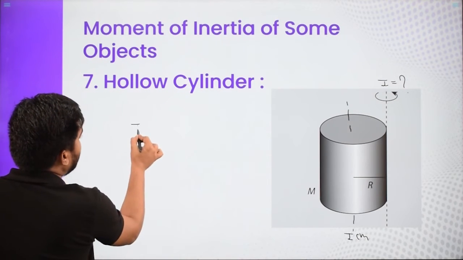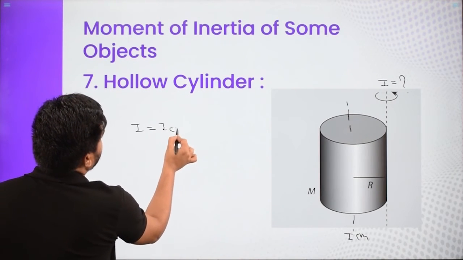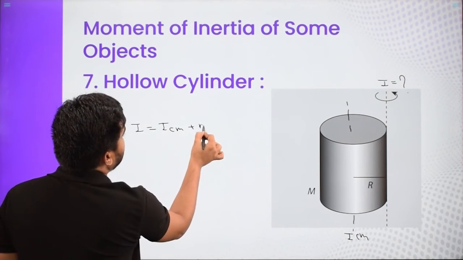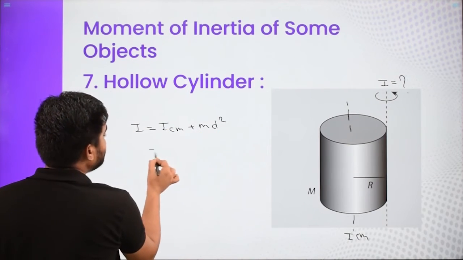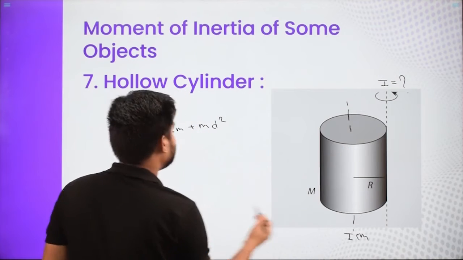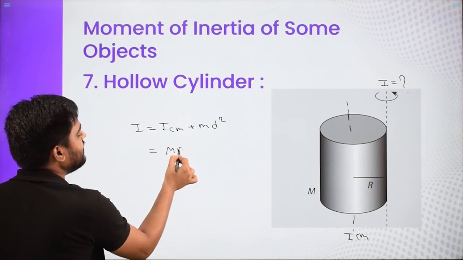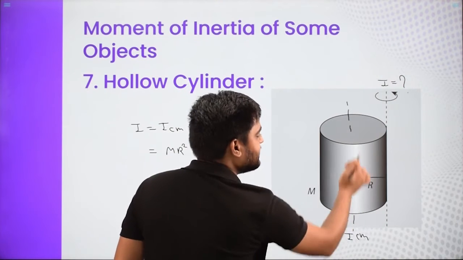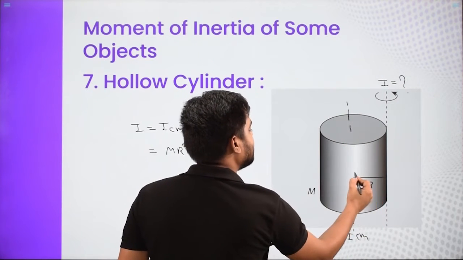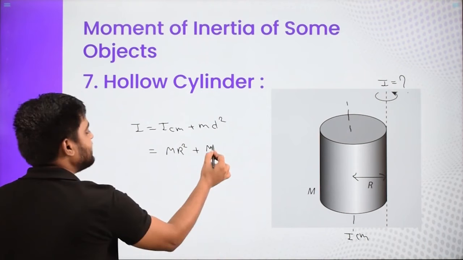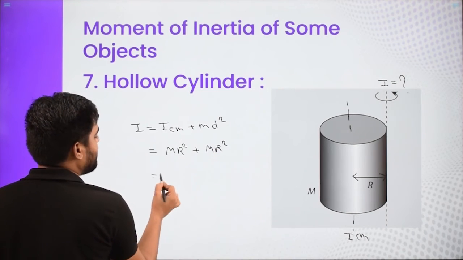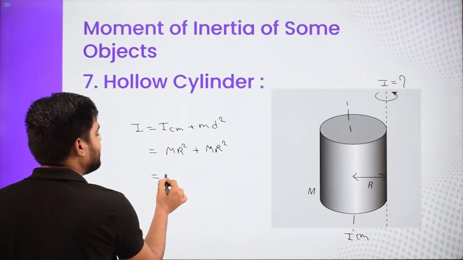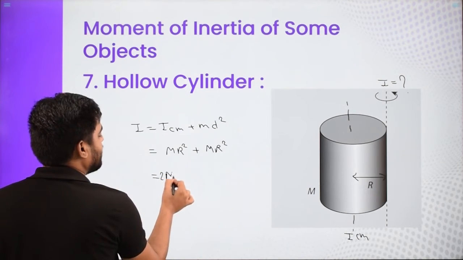So I will say I equals ICM plus MD square. What is your ICM? ICM is this moment of inertia about this axis, which is same as the ring. So mr square plus mass is m. And what about this distance? Distance between these two parallel axes is basically r. So I will say it is mr square, and moment of inertia about that particular axis is coming to be 2mr square.